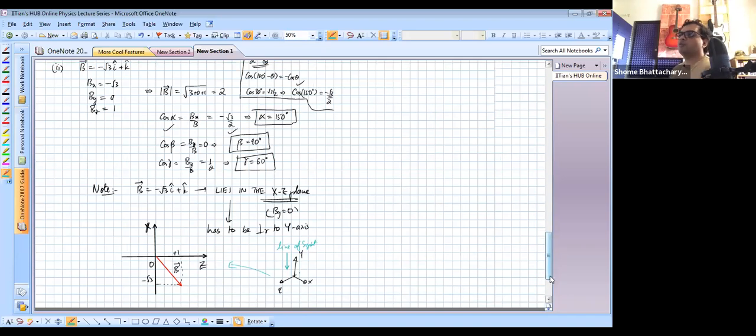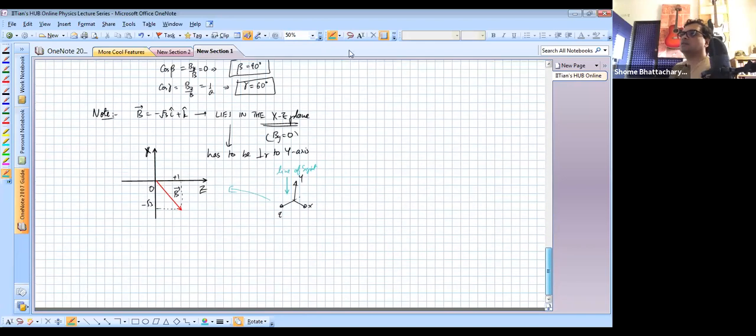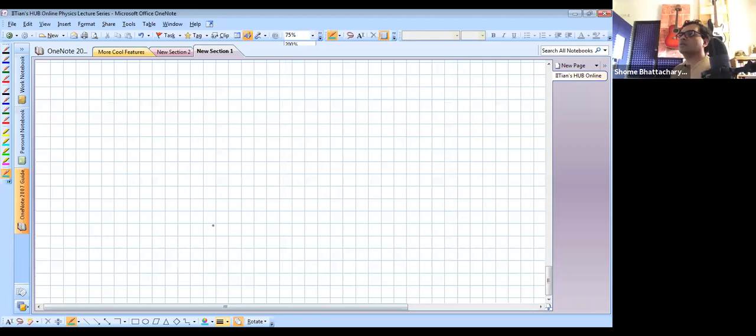Okay, now one very important property of direction cosines is this next one.